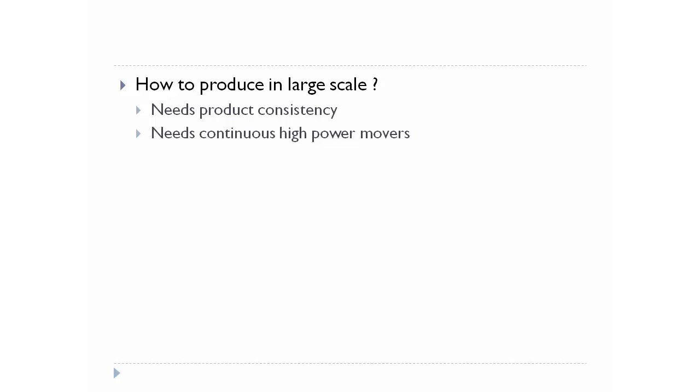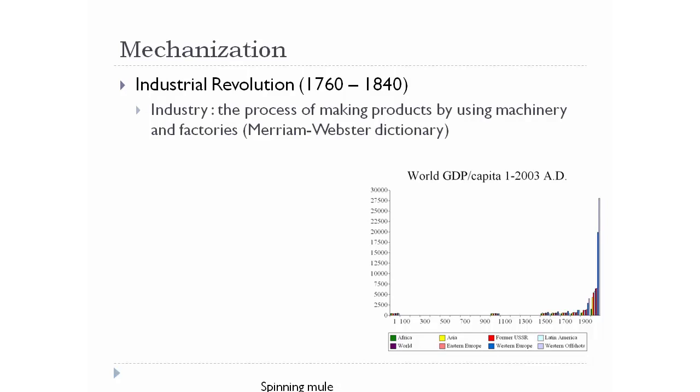At first, we created combustion engines because of the need for production at large scale. For that kind of purpose, we need product consistency. Besides that, we need continuous high-power movers.